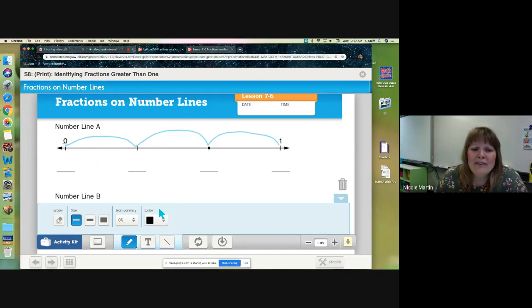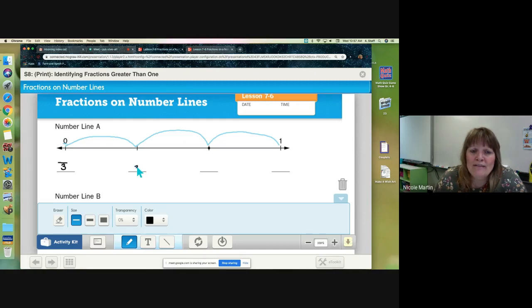If we have 3 equal parts on this number line, that means our denominator, our bottom number, is going to be 3, because we've cut this number line into 3 equal parts. Now don't be confused. There are 4 hash marks, but there are not 4 parts. So we're only looking at how many parts there are.